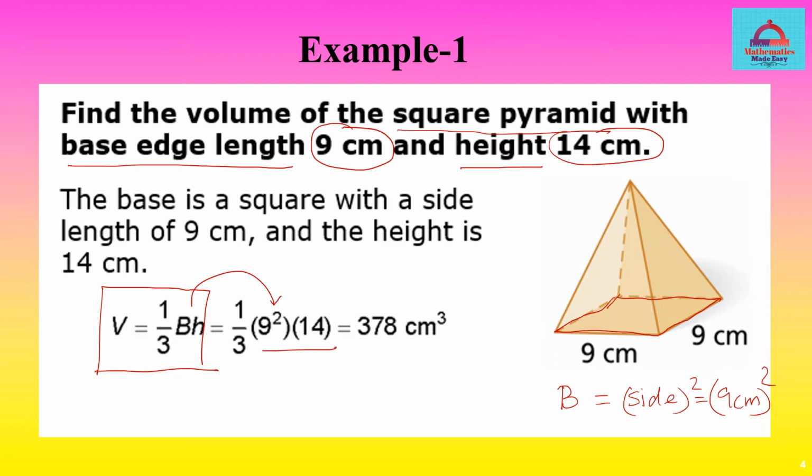You want to simplify this expression now. You can use a calculator, and this whole simplification comes out to be 378 centimeters cubed. So we can deduce that the volume of the square pyramid with the base length 9 and the height 14 is 378 centimeters cubed. So that completes example 1.